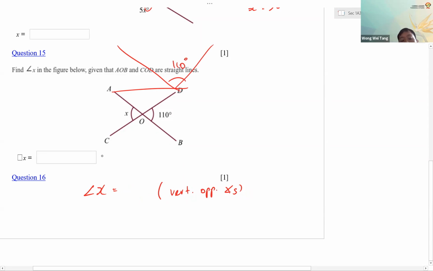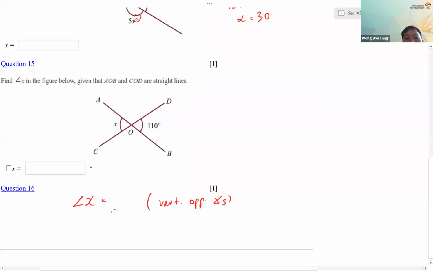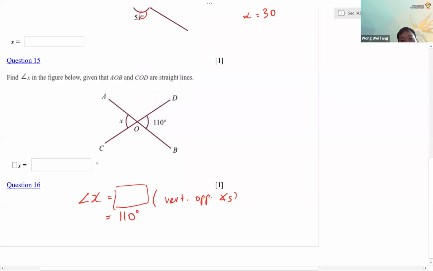So if you simply state that X is 110 degrees, vertically opposite angles, it may be ambiguous. Yanjing, can you give us a recommendation of how else we can present this such that we will be very clear where the opposite angles are? You tell us that angle X equals to something else, then you say it's 110 degrees. So what do you think we can put?